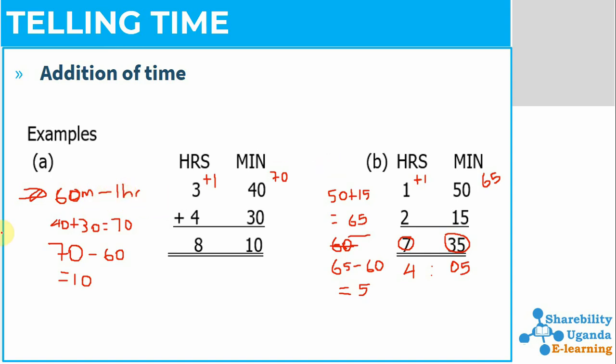So we subtract 60 from the minutes given. The answer you get, you write it here, those will be the minutes remaining, and the 1 hour which is equal to 60 minutes, you bring it to the column of hours. With that you can come up with the right answer.